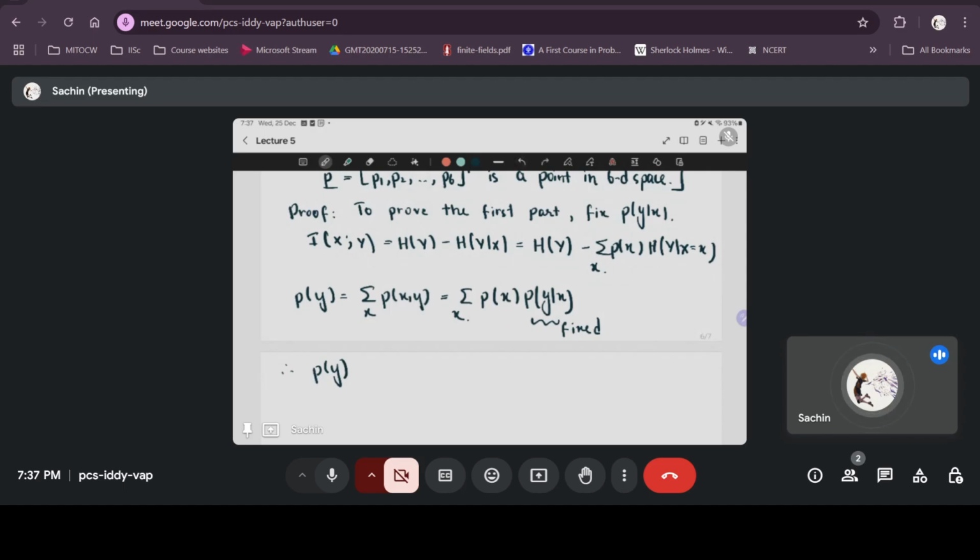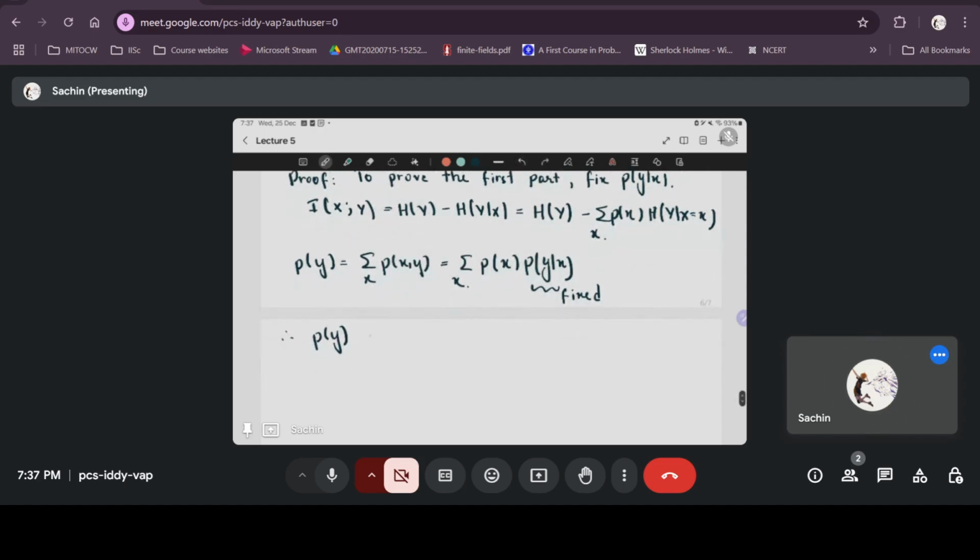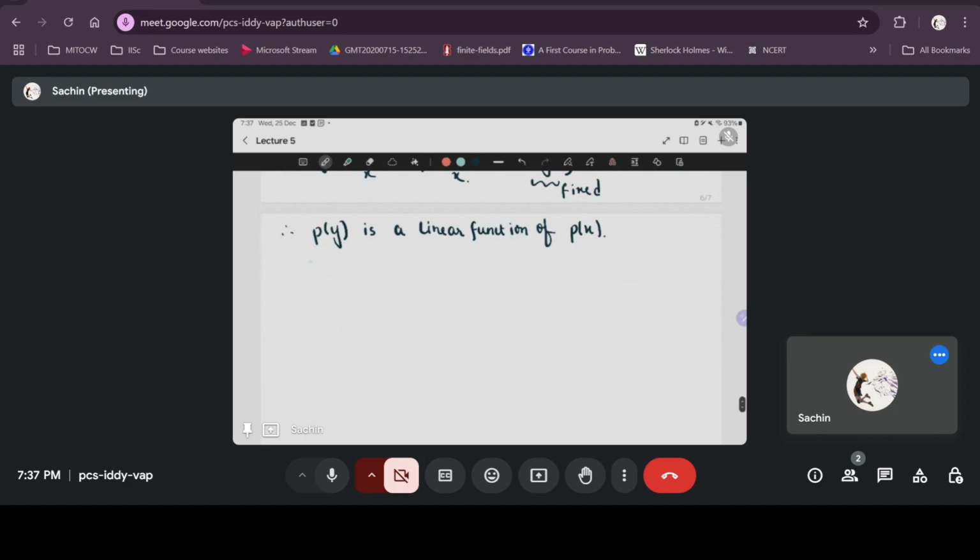And what type of function is it? It's a linear function. P of y is a linear function of P of x.